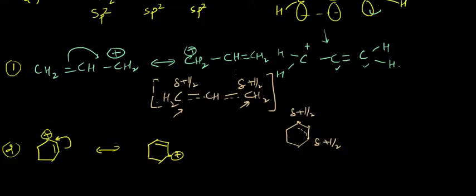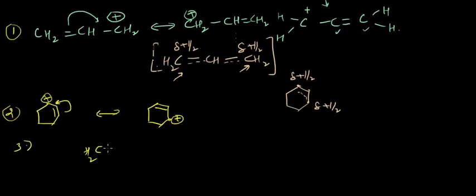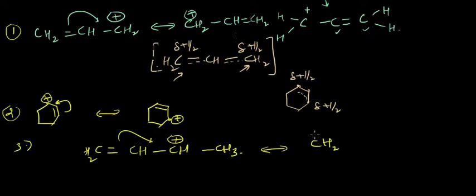Okay, let's look at the third example, wherein we have something like this. What will happen in this case is again the shifting of the pi electrons in the p orbital of this carbon atom will take place, resulting in a vacant p orbital here, and again this compound.